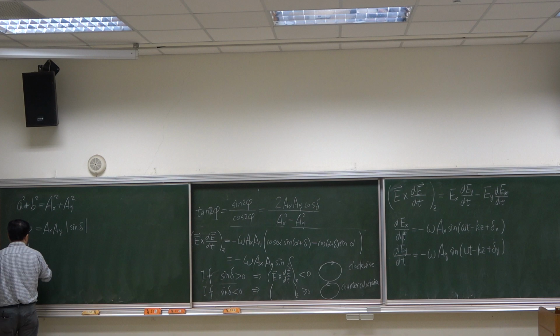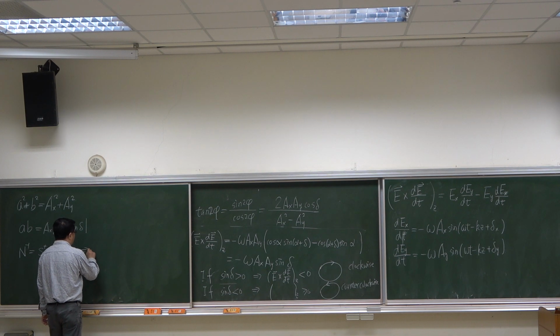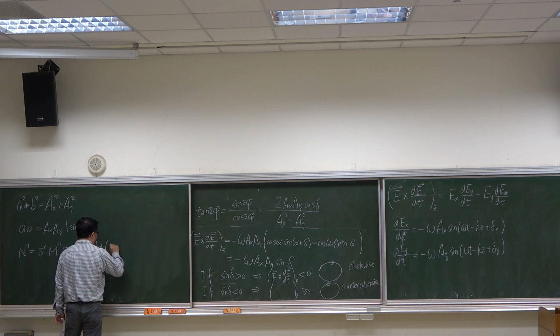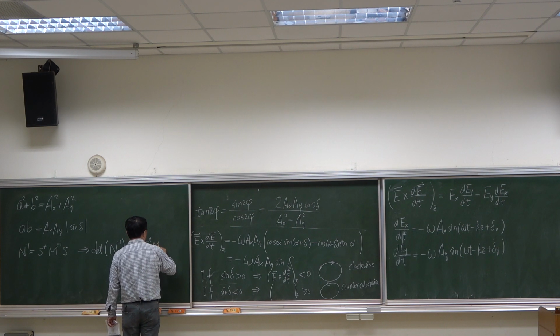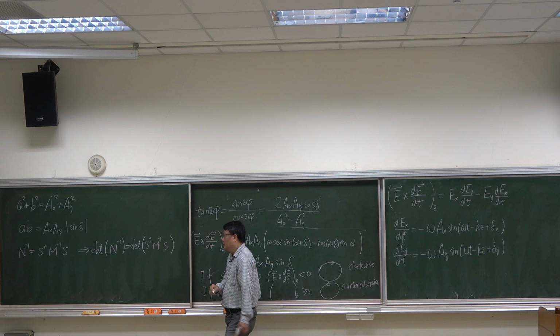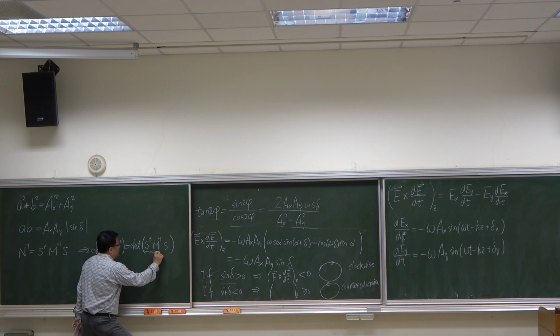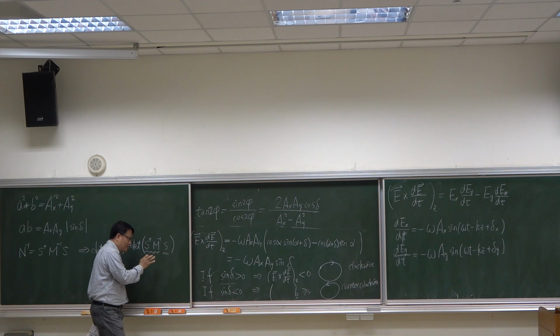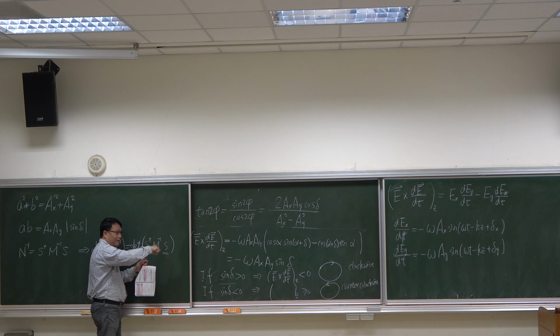N inverse is equal to S transpose M inverse S. According to linear algebra, if we calculate the determinant of both sides, and we multiply two matrices and calculate the determinant of the product, then the result can be factorized as the determinant of the first matrix times the determinant of the second matrix.